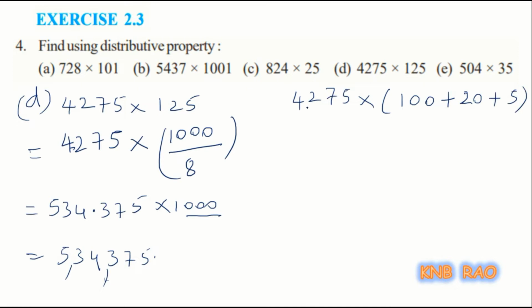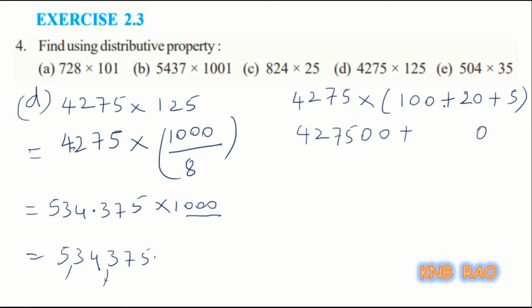Now 4,275 into 100, it is 427500, means just 4,27,500 plus this 4275 multiplied by 20, so 0 comes.